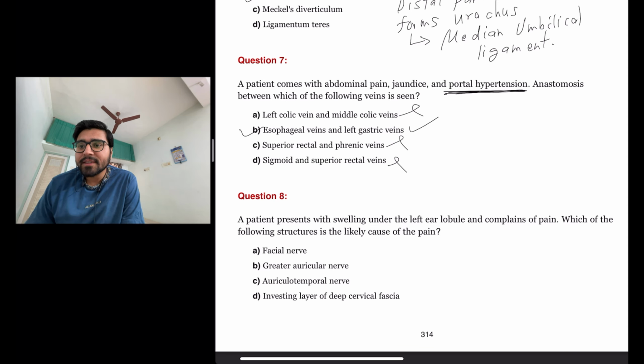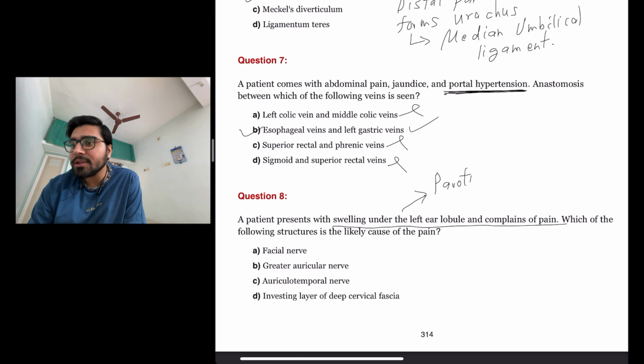The next question is: a patient presents with swelling under the left ear lobule and complains of pain. Which of the following structures is the likely cause of the pain? So the scenario is suggesting swelling under the left ear lobule and complaints of pain. This is actually seen in the parotid region.